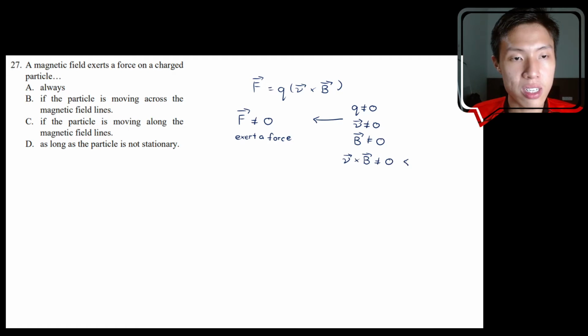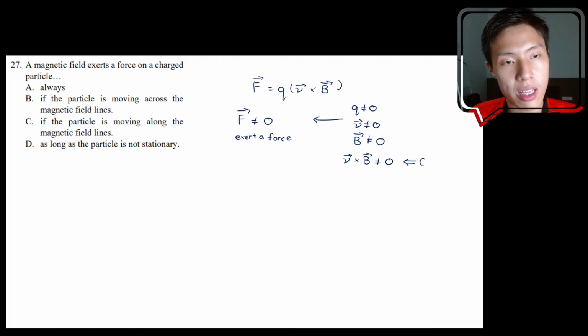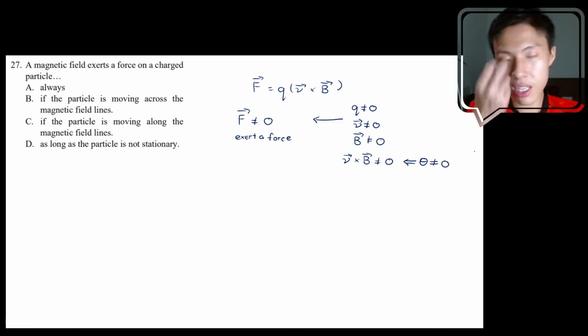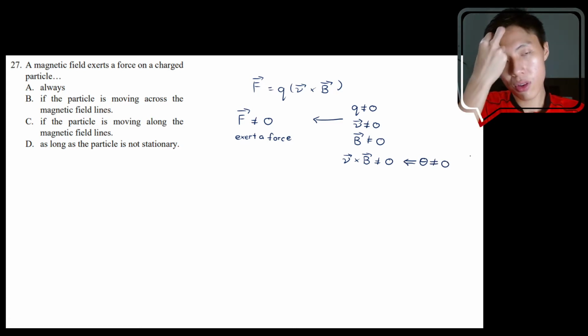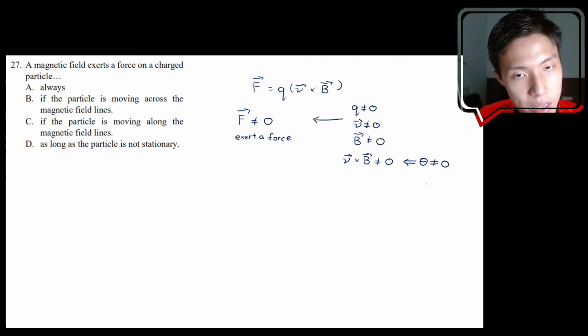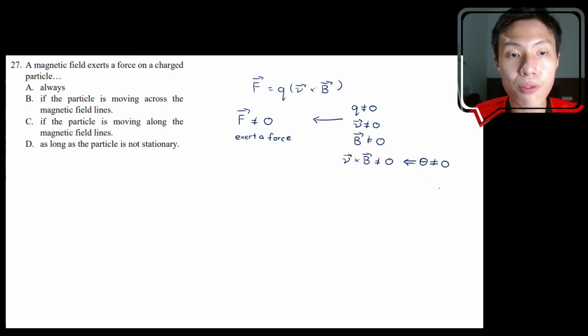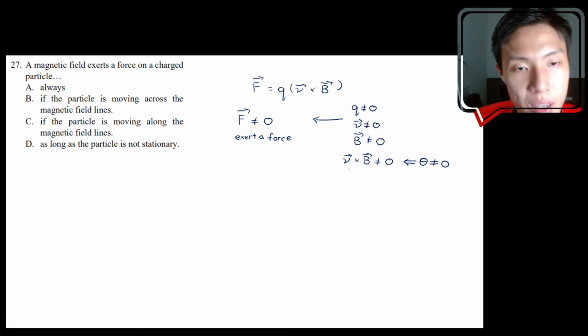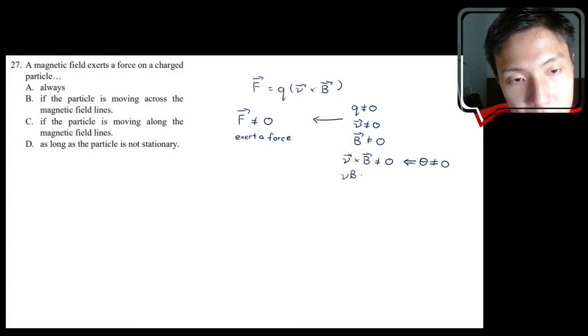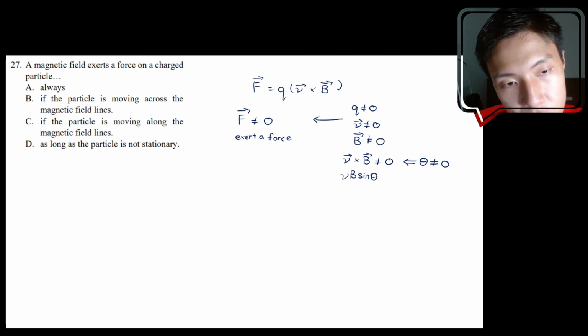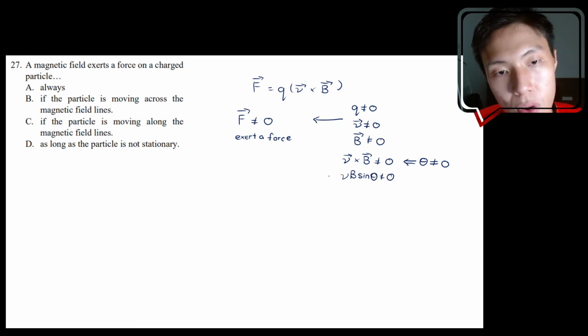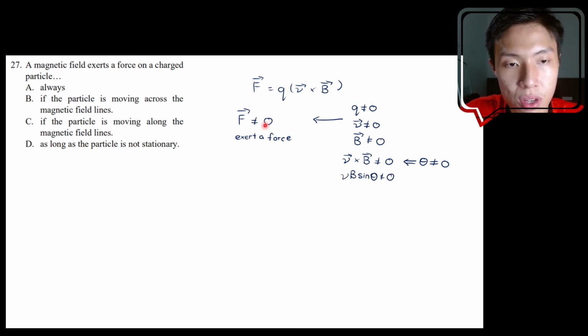So that means theta should be not equal to 0. Okay, if theta is equal to 0, then v cross B will be equal to 0. Okay, let me break it open. It's vB sine theta must not be equal to 0, only then F will not be equal to 0.